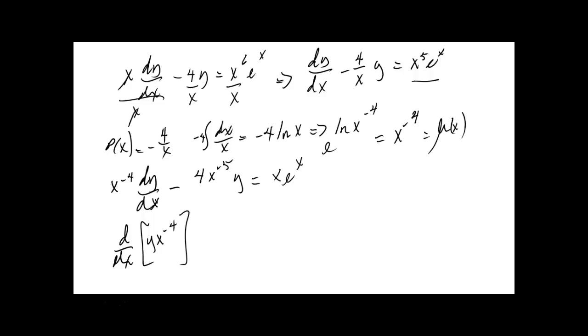When I do the first times the derivative of the second, it's going to be a y, fine, times the derivative of this, which will be a minus 4 x to the minus 5. Yes, that works. So I feel pretty good about this. And that perfect derivative is equal to x e to the x.